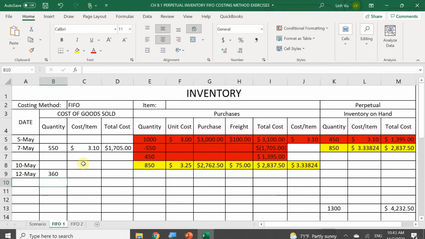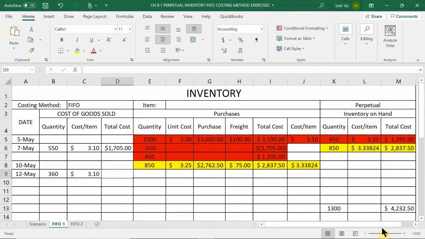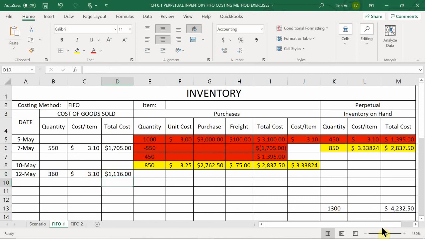So in this case, my red one gives me a cost per item of $3.10. So once again, what is my total cost of goods sold for selling 360 items at $3.10 each? $1,116.